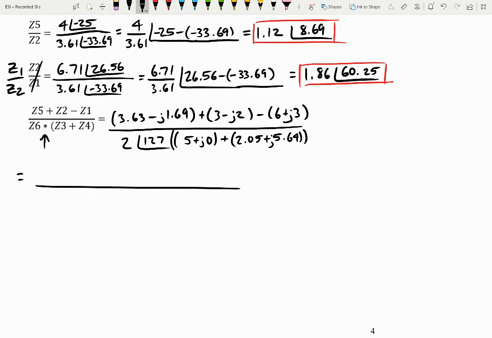Come over here. On the top, what we're going to do is take all the reals and add the reals together. Then up here, we'll take all the imaginaries: negative 1.69 minus 2 and minus 3.